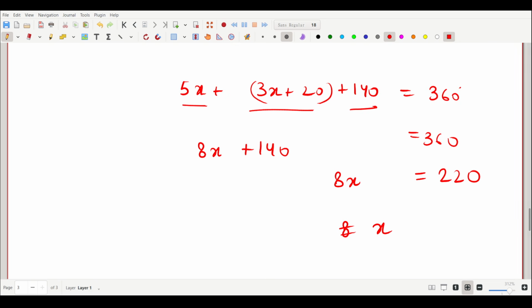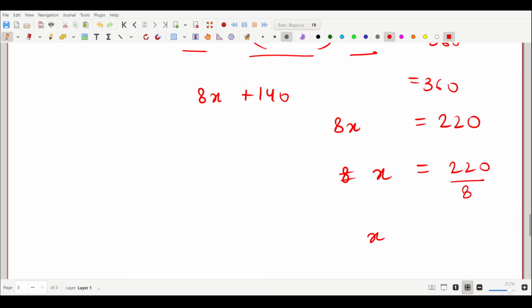Then x equals 220 over 8, which finally gives me the value of x. The value of x is 55 over 2, or 27.5. This is the value of x.